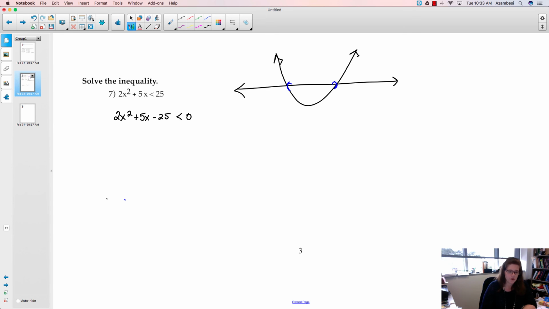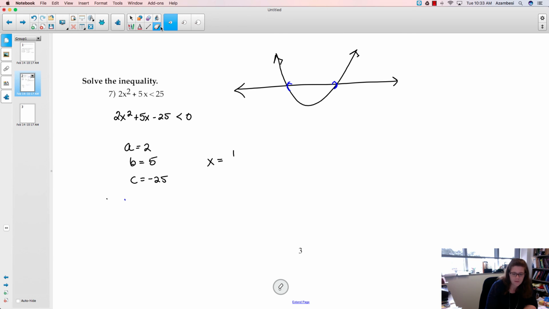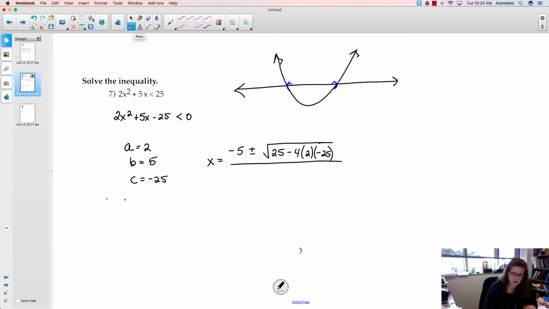So if I were to try and use the quadratic here, a would equal 2, b would equal 5, c is negative 25. So x is equal to negative b, so negative 5, plus and minus the square root of b squared, so 25, minus 4 times 2 times negative 25, all over 2 times a, so 4.